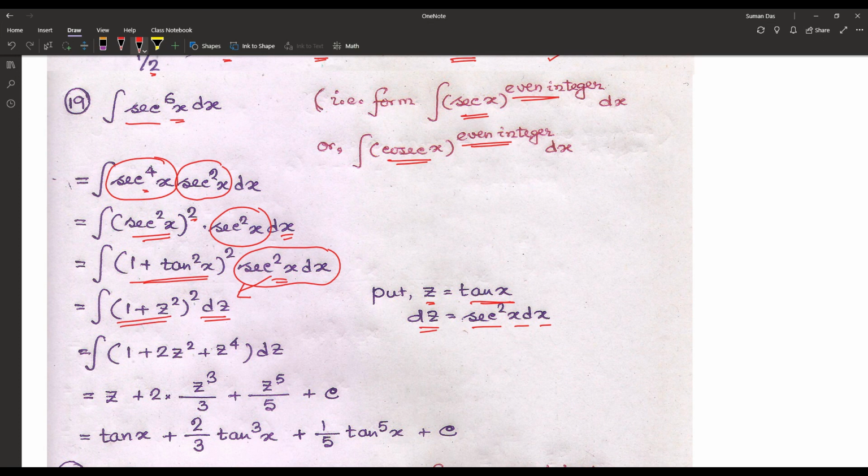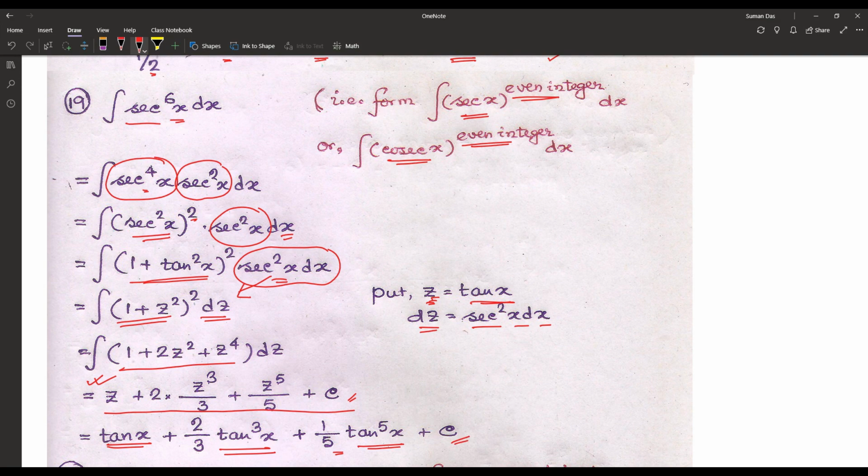So with the expansion of (a plus b) whole square we are getting 1 plus 2z square plus z to the power 4 dz, which gives us the simple integration: z plus 2 into z cube by 3 plus z to the power 5 by 5 plus the integration constant. Finally, putting the value of z as tan x, we are getting the final result: tan x plus 2 by 3 tan cube x plus 1 by 5 tan to the power 5x plus the integration constant.